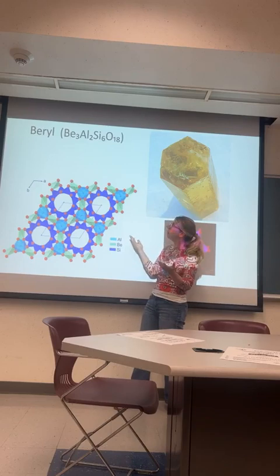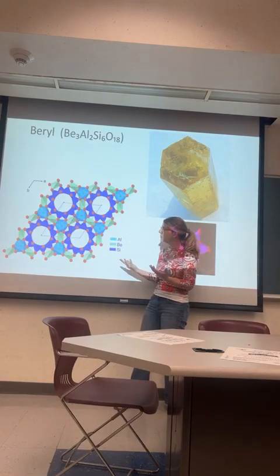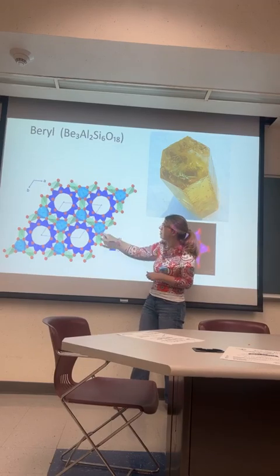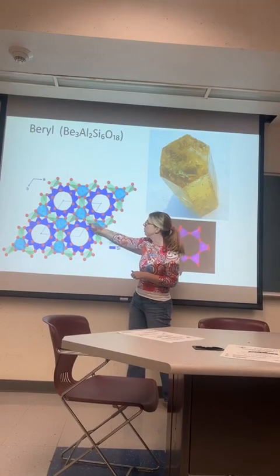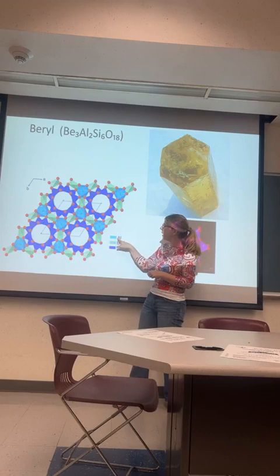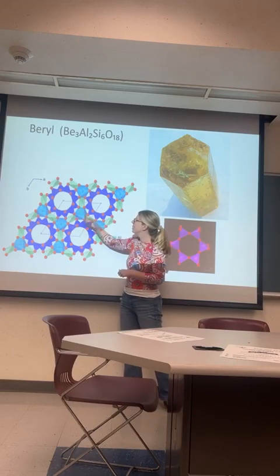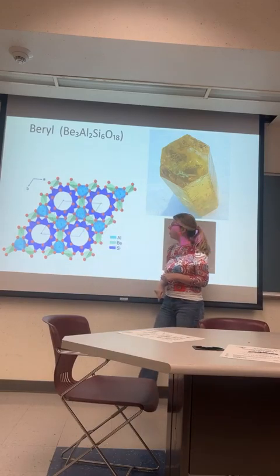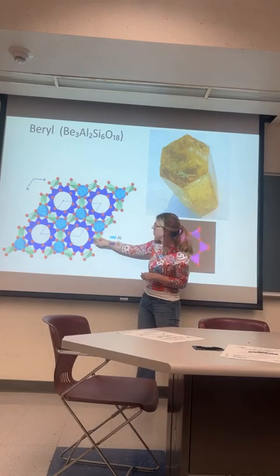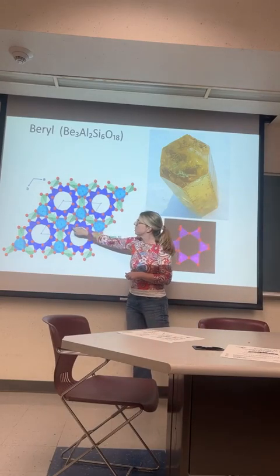And so beryl has beryllium, which makes beryl very special, and it's in the center of these blue areas. It has aluminum, which is in the center of these, did I say blue? Did I say green? Green areas. The pale blue right here is the center is aluminum, and these deep blue ones right here represent your silica.